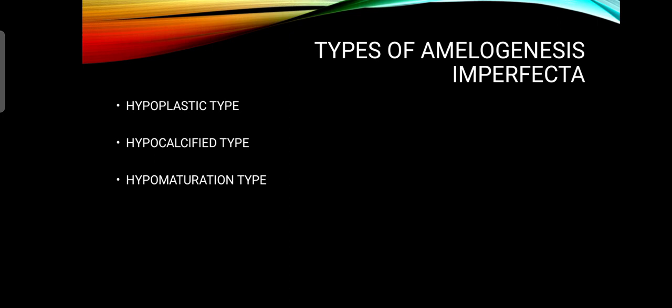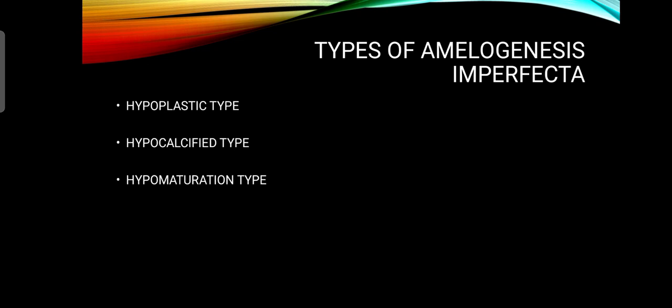Number two is the hypocalcified type, which exhibits a severe defect in the mineralization of enamel matrix. And number three is the hypomaturation type, which exhibits a less severe alteration in the mineralization, and it can be in focal areas of immature enamel crystallites or generalized areas of immature enamel crystallites.